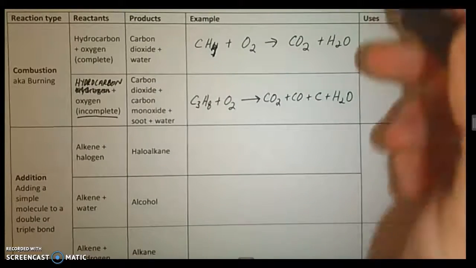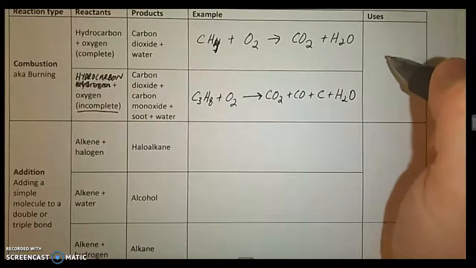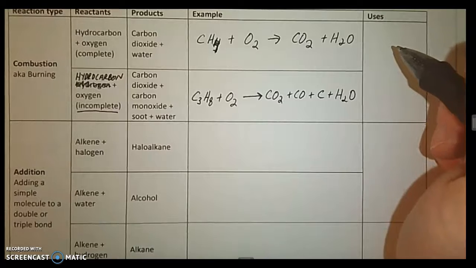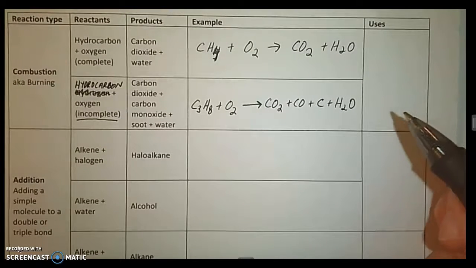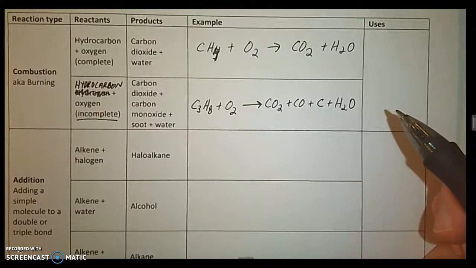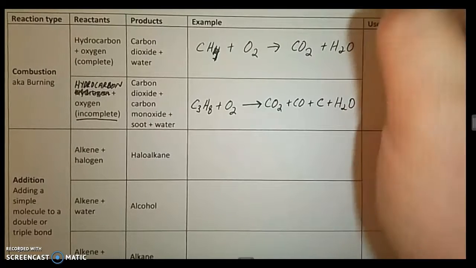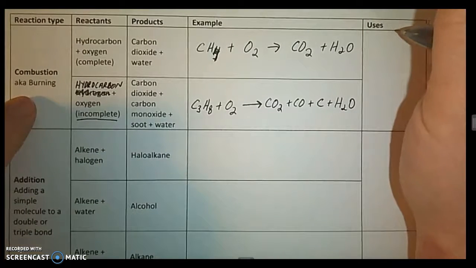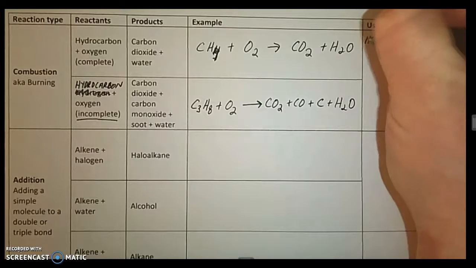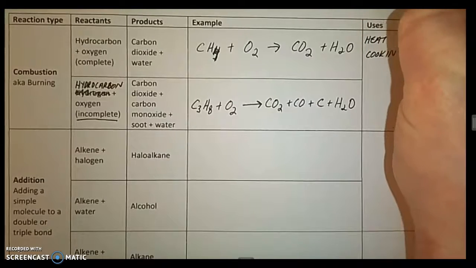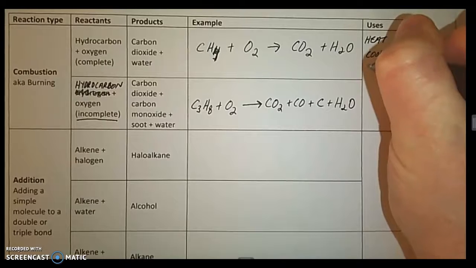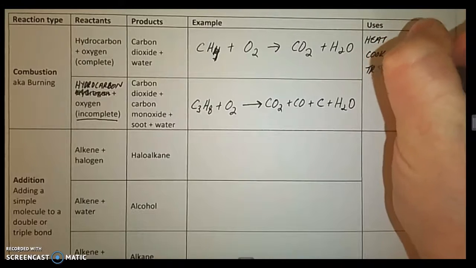Okay, and then in terms of uses, combustion reactions are probably the most useful, well, maybe not the most, but the most commonly used reactions, or the most familiar ones. Burning is used for heating our homes. It's used for cooking. It's used to run our cars, so transportation.